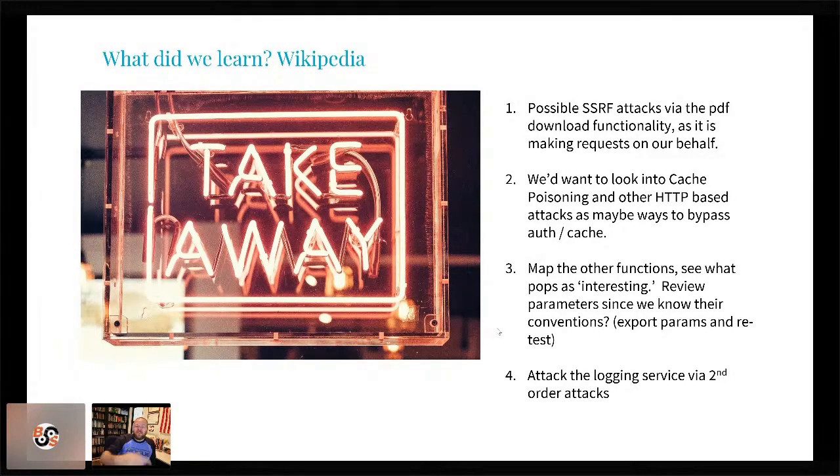But in this case, we know that there's a logging service. We know how to talk to it in some regards. And you could decompose even that by looking through your request processes, trying to cause errors, trying to cause network errors, seeing how those go back into it, how it requests back out and what it does. And then we know how we might go after it and what we can do with it. And that's it.